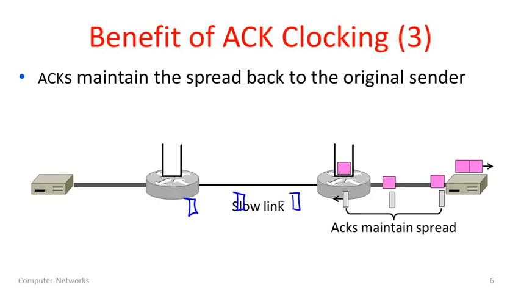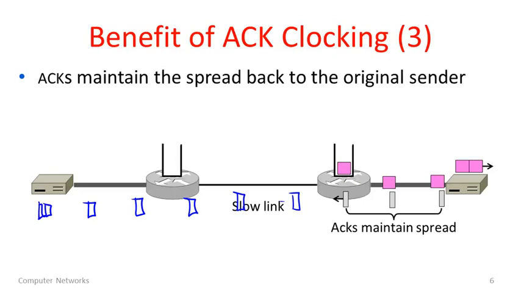But if they're already going slowly, they don't get to spread apart anymore. It's like a maximum speed limit. On the fast links, you can drive fast. If you hit a slow link, you get slowed down to that speed limit. If you keep that slow speed, when you come back around, you don't get slowed down anymore. So these ACKs are going to continue at this nice slow pace through the network to the other side.